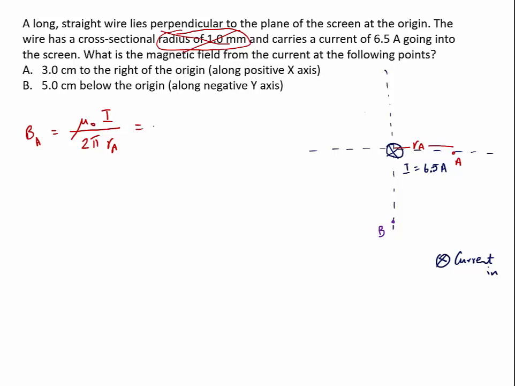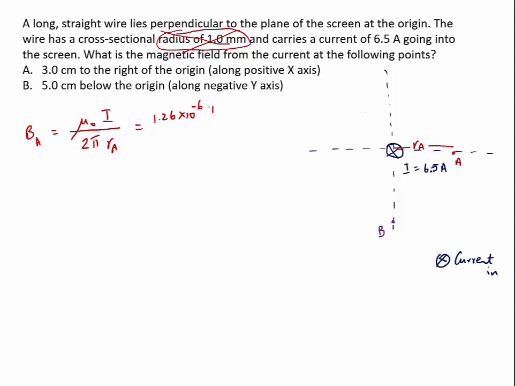All right, so the rest of this we know how to do. The mu naught is a constant that is 1.26 times 10 to the negative 6. The units of it are Tesla meter over amperes. So let me actually write that over here.